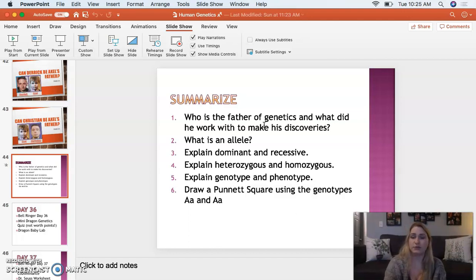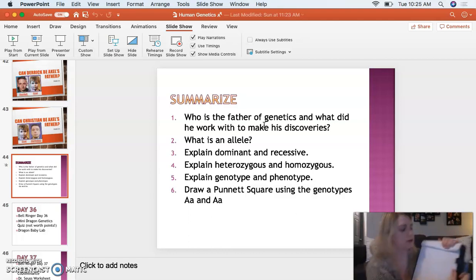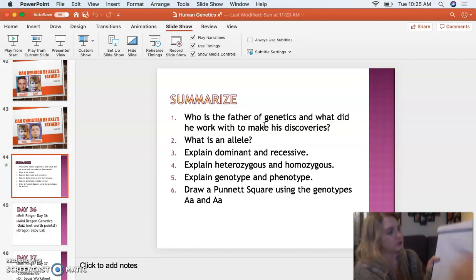And finally, draw a Punnett square between these 2 different genotypes. So we have 2 letters here. We've got capital A and lowercase a. We have a dominant and a recessive. If you go through and do this, the first thing we need you to do is make your box.